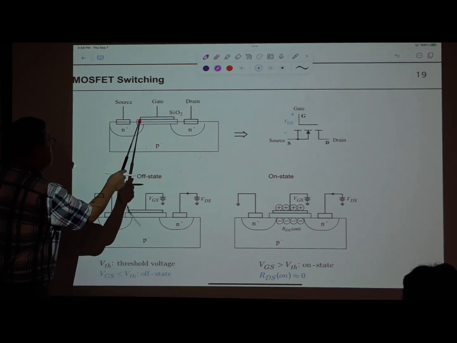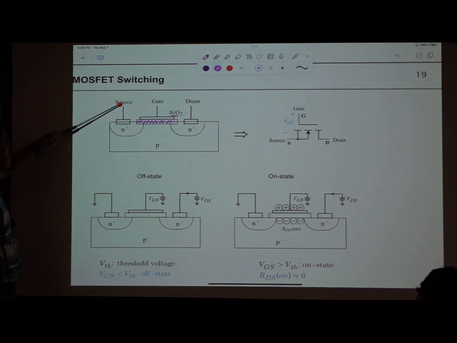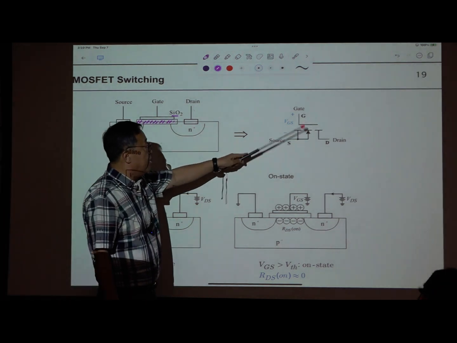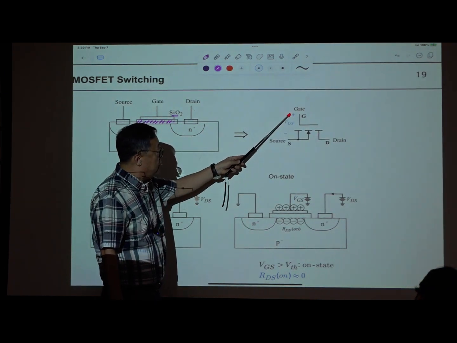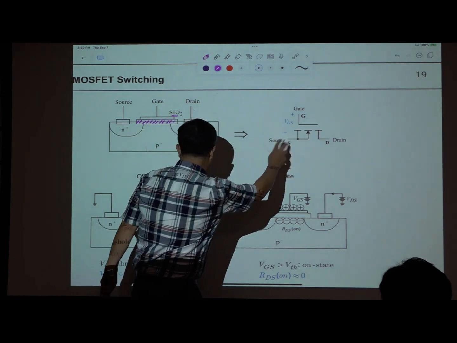This is a silicon oxide layer, an insulator, a very good dielectric material, SiO2. So this is the planar structure with source, drain, and gate. This is the symbol, with source, drain, gate, and this is the voltage between gate and source, which can become positive or negative. You remember this arrow and everything.